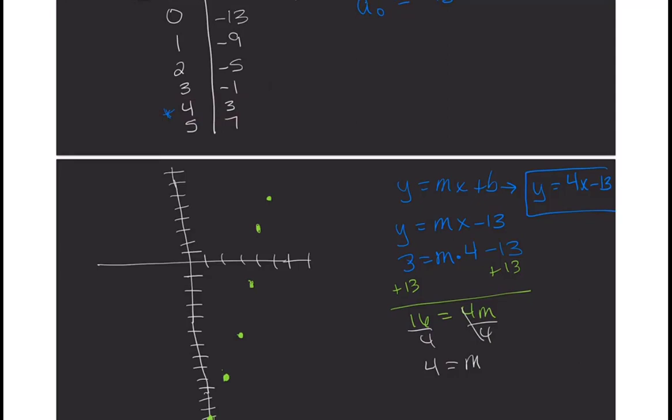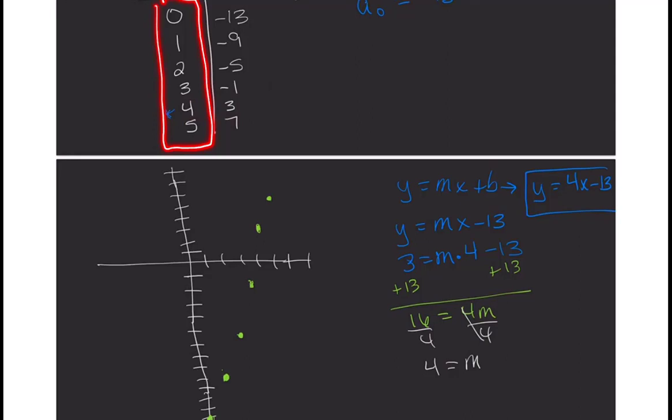So were you able to represent a sequence by a table? Were you able to graph it? And were you able to come up with an equation? Look at that. You guys are golden then. Oh, domains and ranges. Do we have domain? What's our domain? Domain are always your inputs, right?